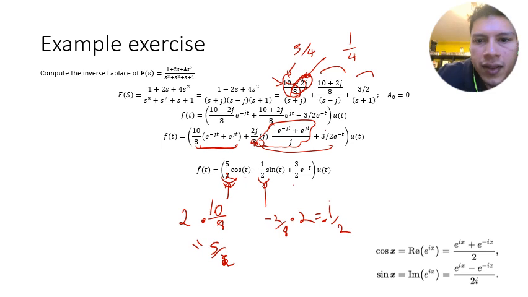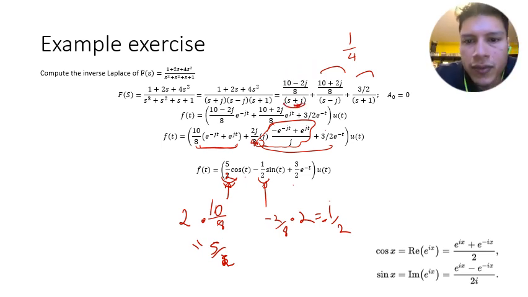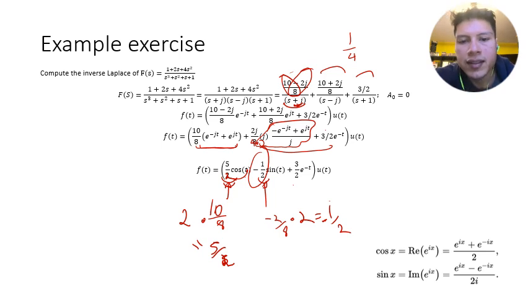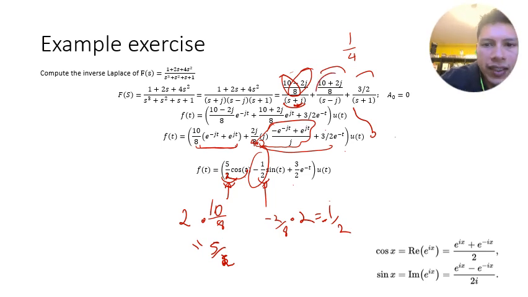So if you always look at the s plus j coefficient, the one with the positive root, the real part is the one that gets the cosine factor. The imaginary part is the one that gets the sine factor. And you can avoid doing all this extra math. After you do a bunch of problems, you're going to notice that, and you don't have to even worry about finding this coefficient.